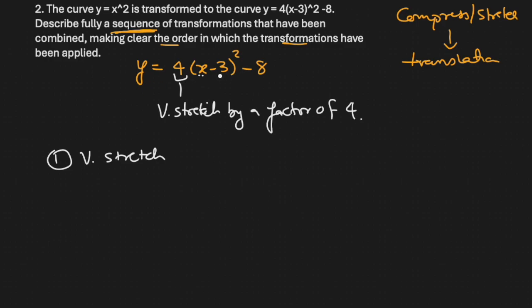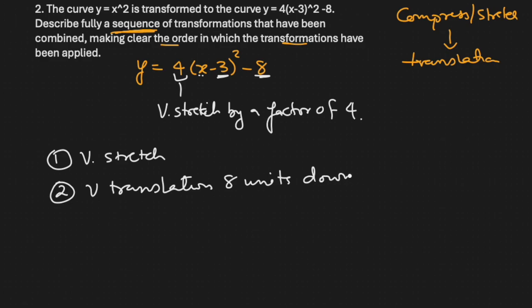Now there are two translations here, this and this. It does not matter which translation you write first. So I'm writing, because this is vertical, I will write vertical first. This is minus 8. There is a vertical translation, 8 units down. The one which is outside the main function is vertical, just like 4. Minus 8 is outside, so it will be vertically down. That is the translation.